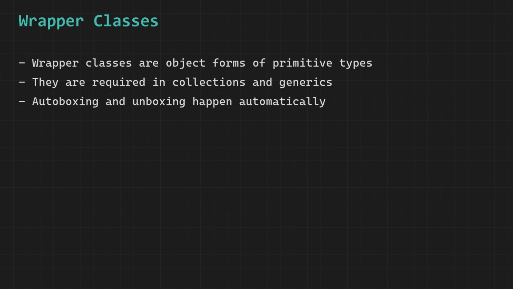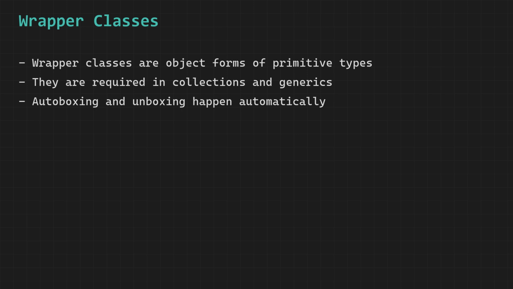Java is an object-oriented language, but primitive types like int, double, and char are not objects, they're just raw values. This creates a problem when you need to use them in places that require objects, such as storing numbers in an ArrayList or using them with generics.